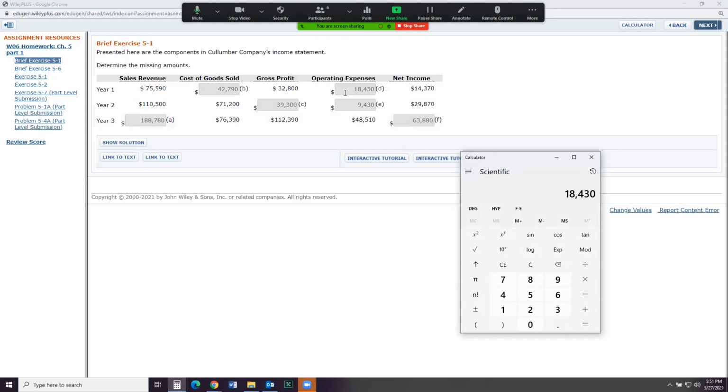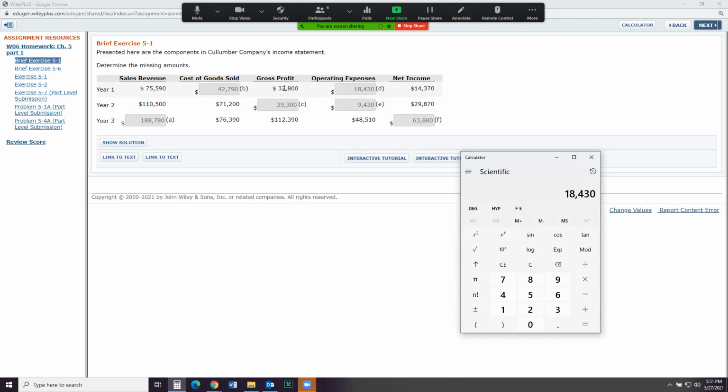Okay, operating expenses. So in real life we would know those, okay? We would know what our operating expenses were. But algebraically speaking, we know that gross profit minus operating expenses equals net income. So if we have two of those, we can find the other one.